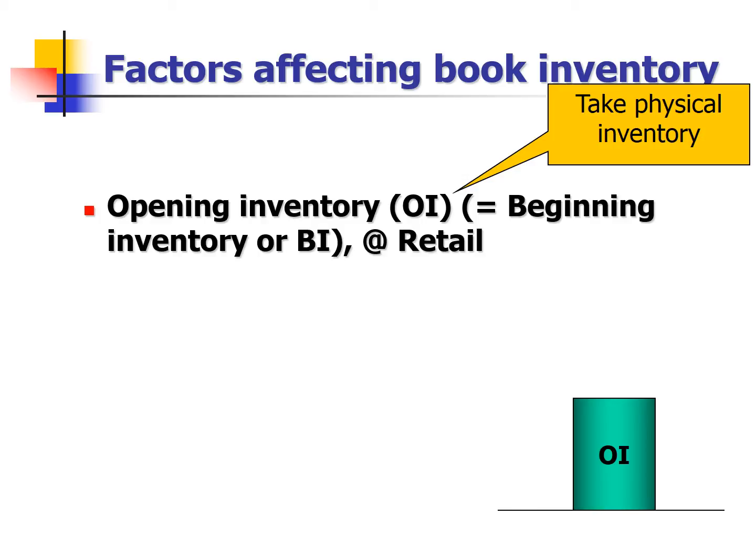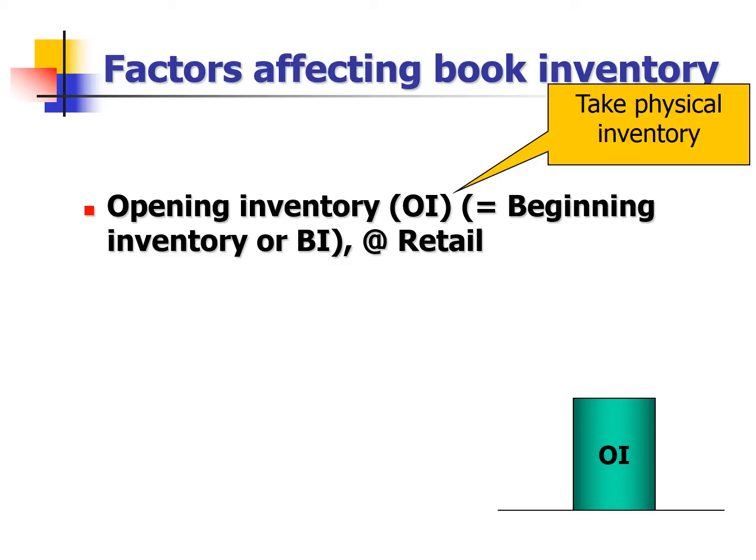In case you take a physical inventory, for example, you start the month by taking the physical inventory count. So you actually physically count which items you have, how many of them, at what prices, and things like that. Then the physical inventory is going to be a more accurate record than what the book says you started with.